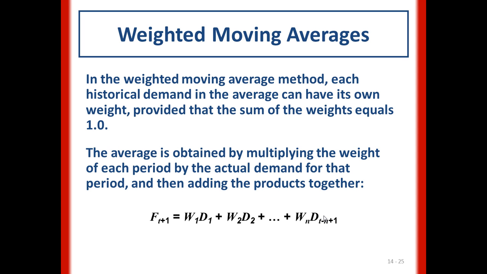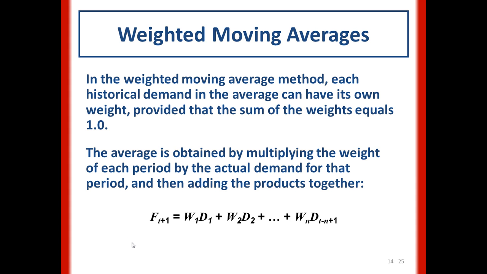In weighted moving average, we are going to assign weight to the historical demand. All the weights must add up to 1. By assigning weight, we will give more weight to information that is closer to the forecast.